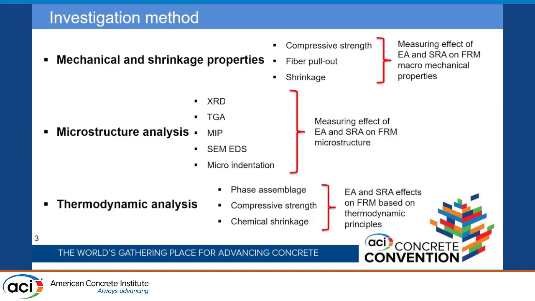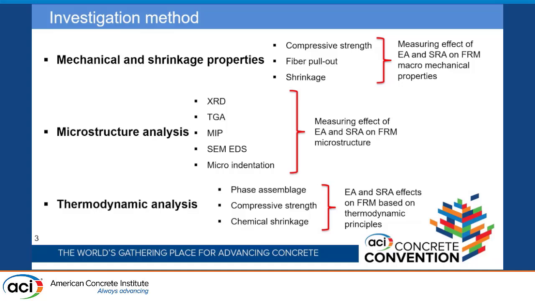Mechanical and shrinkage properties included compressive strength, fiber pullout, and shrinkage. Microstructural analysis included XRD, TG, MIP, SEM EDS, and microindentation to measure the effect of shrinkage mitigating materials on microstructure of fiber-reinforced mortar.